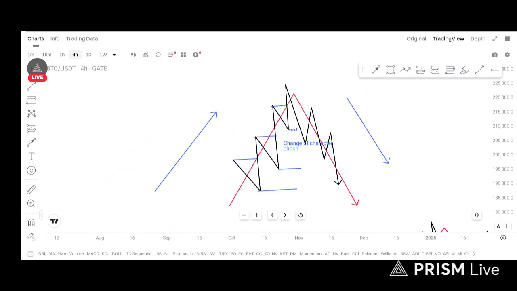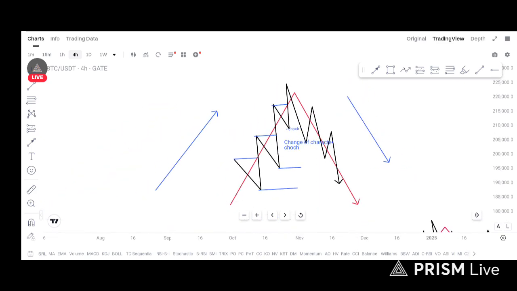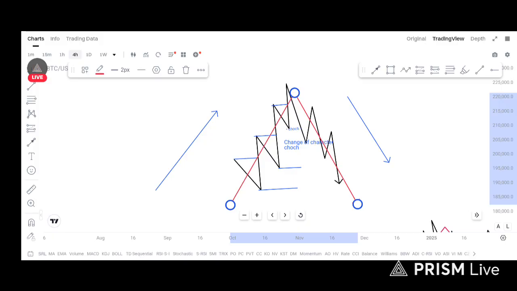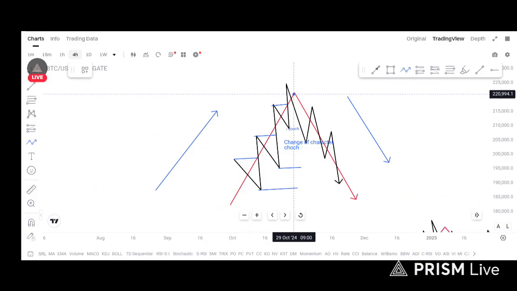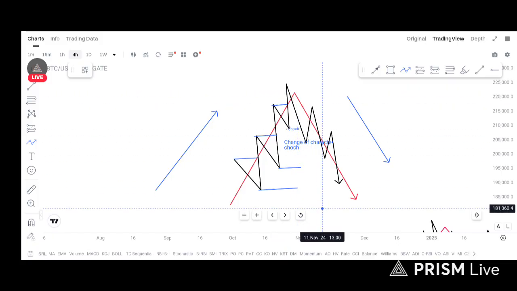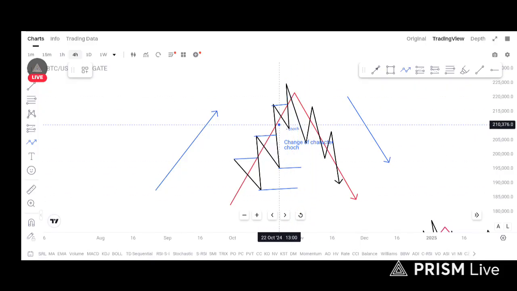Remember, this is our higher time frame, which is our 4 hour. When do you know that the market is tired of pushing up and wants to rest, that means wants to pull back? It is when this uptrend changes to a downtrend.